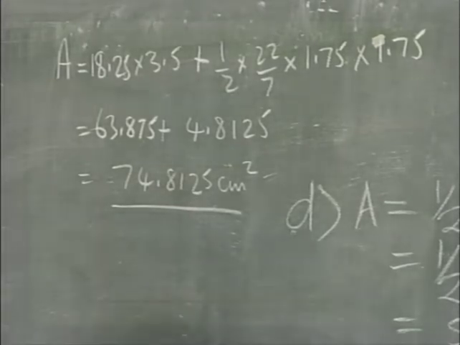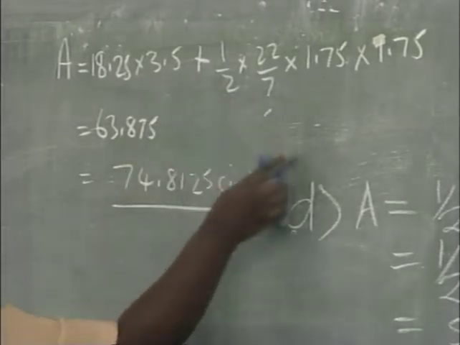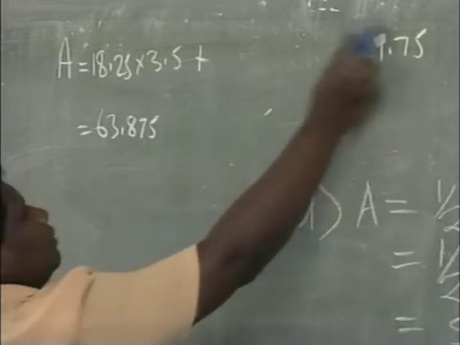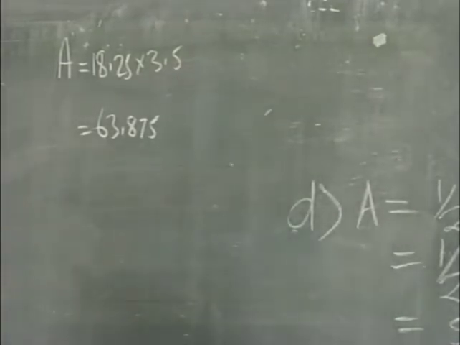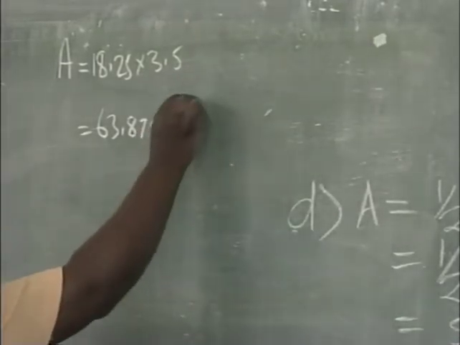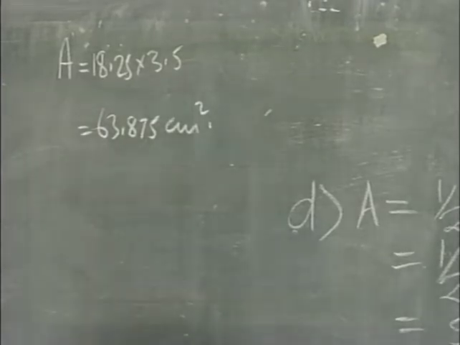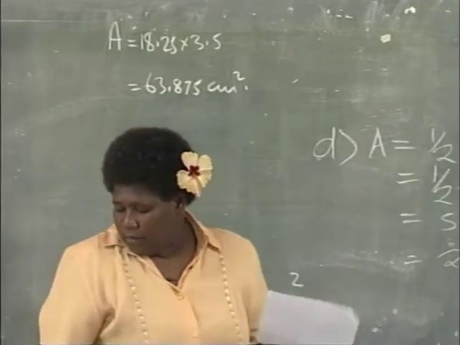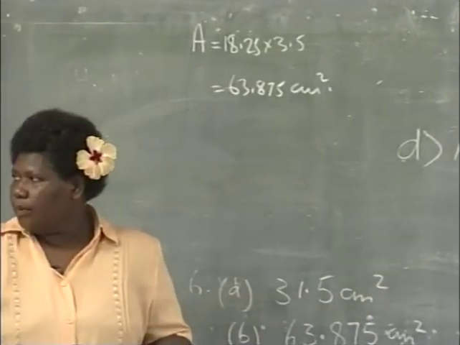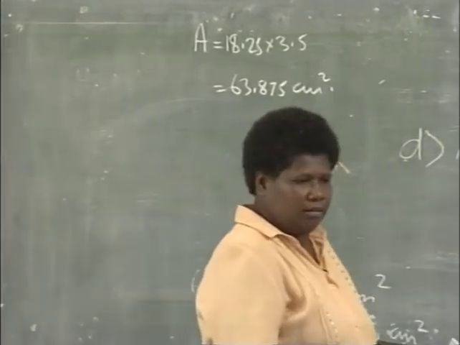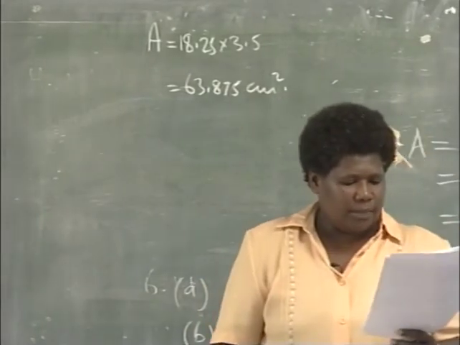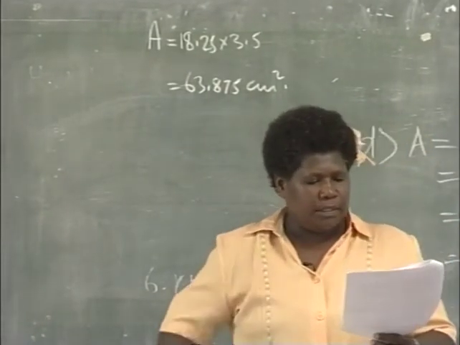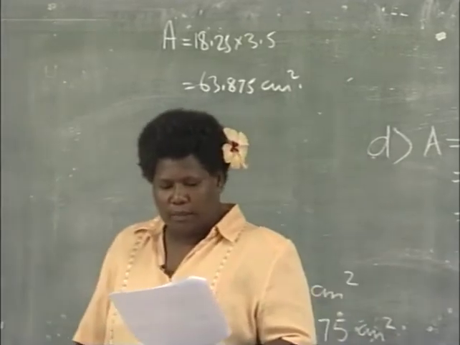Is that what you are saying? Okay. If you got 70, then you multiplied 20 by 3.5. 1.75 is supposed to be subtracted from 20 to give you the length.